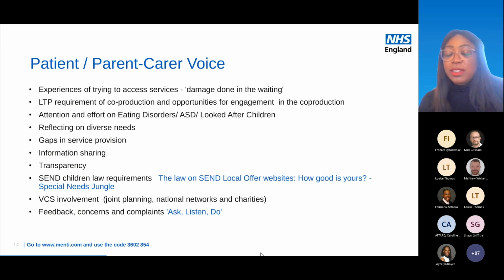There's an NHS England initiative called Ask, Listen, Do, and so it's not just about the asking and refining, but also about listening, really listening to the patient's experiences and what changes need to be made, and then the third part about doing. What they really want us to change is considering the multi-agency approach.